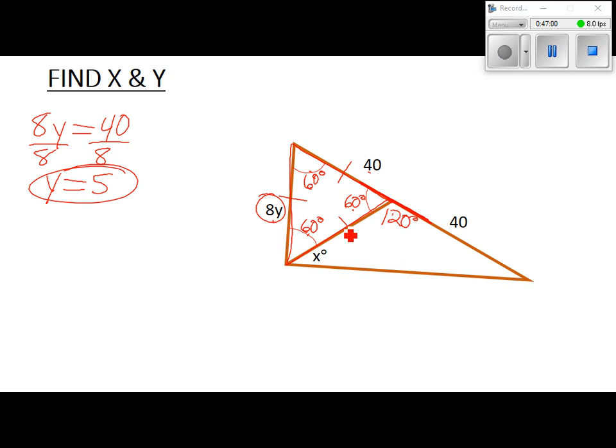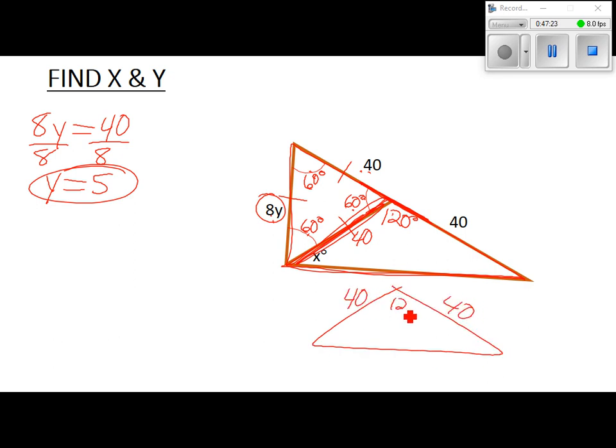We look at this second triangle down here, this bottom one, and we know that this side was 40, this side was 40, and this first triangle was equilateral, so that means this part right here has to be 40. Well, then the bottom triangle, this is 40, this is 40. We know this angle is 120.